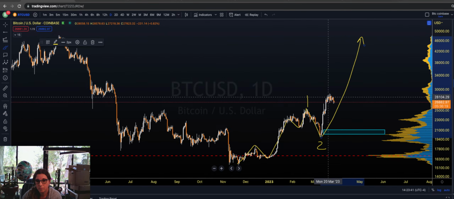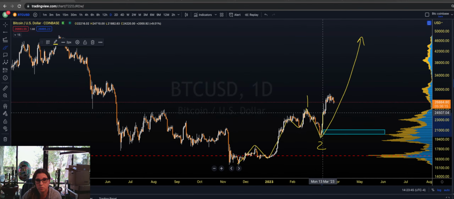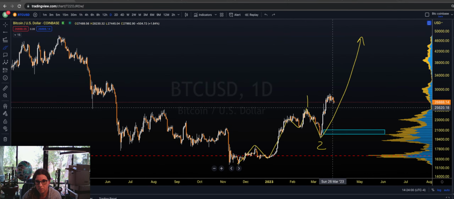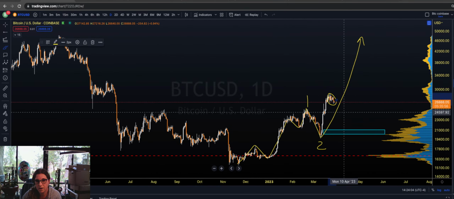Inside, the first most bullish option is that this was a 1 and a 2 and a 1 and a 2. Now, my bias right now is that that's not the case. And the reason is because this correction is already significantly bigger than this one.